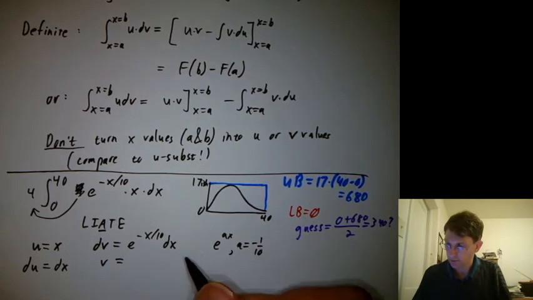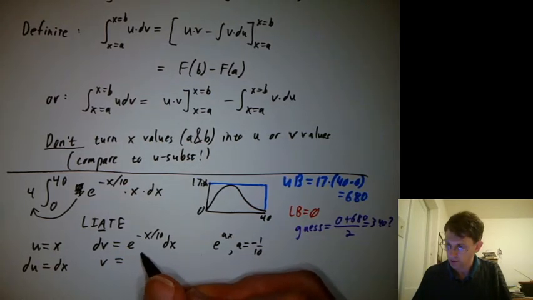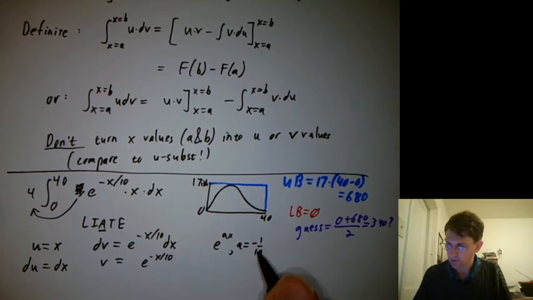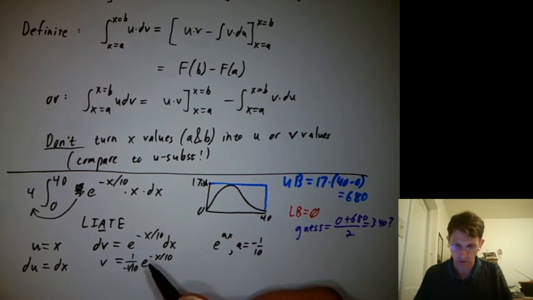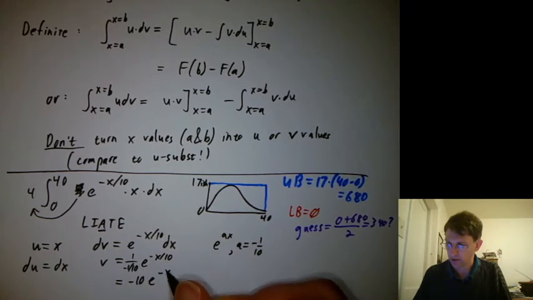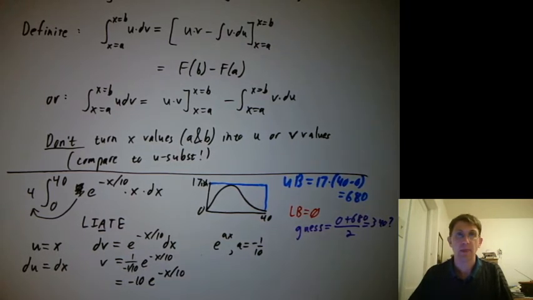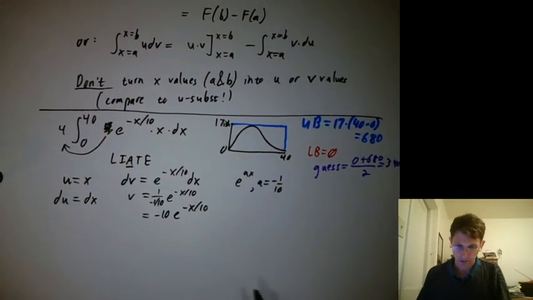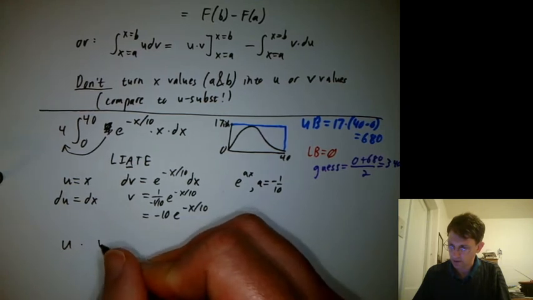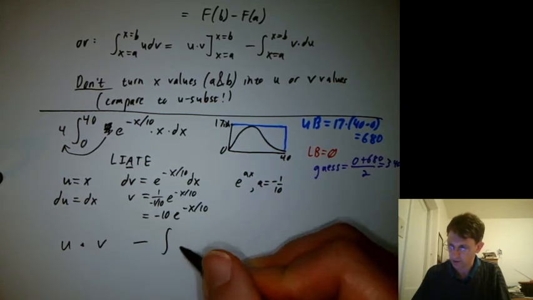So then the integral would be e to that same thing times 1 over that, 1 over negative 1/10. So we could write it that way to start with. It's going to be easier. You know, I usually don't like simplifying, but it'll be easier this way if we do simplify that to negative 10 e to the negative x over 10. All right, and then ready to do the antiderivative, or write the integration by parts formula.